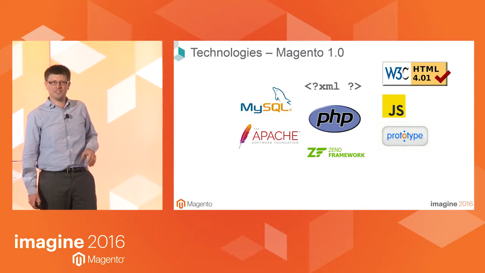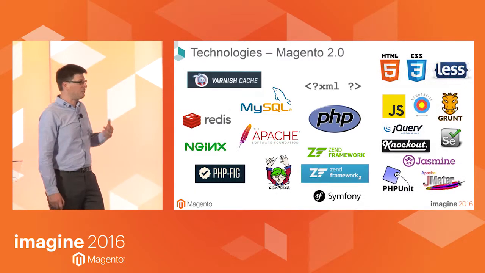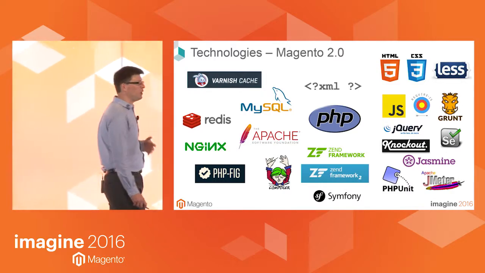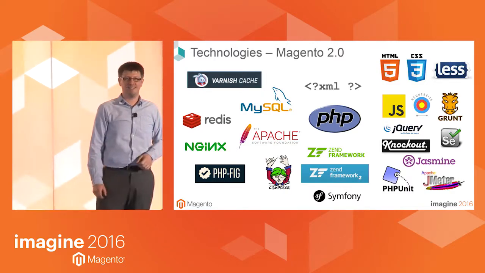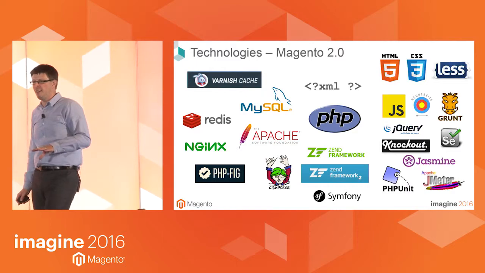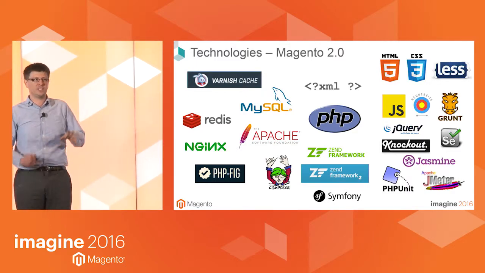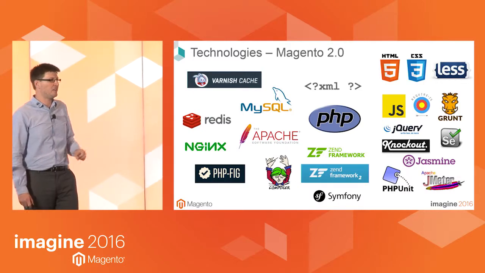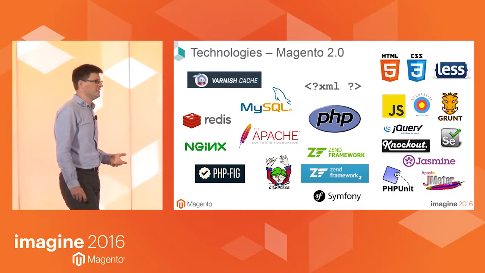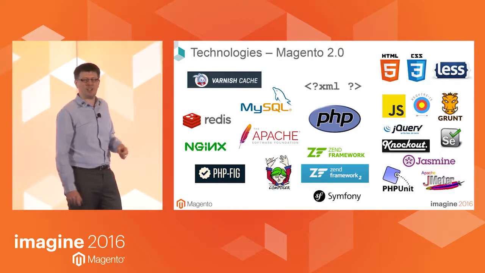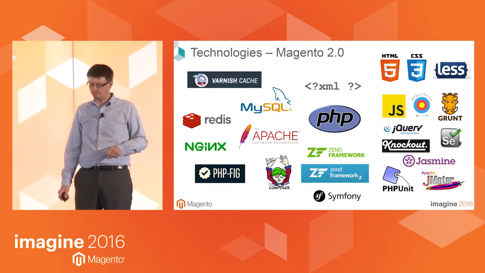Now, fast forward 8 years, with the advent of Magento 2, we're looking at a technology landscape like this. Not only have the core technologies gone on to new versions, but we're dealing with a whole bigger range of technologies and frameworks that we as developers need to get our heads around when we want to work with Magento.